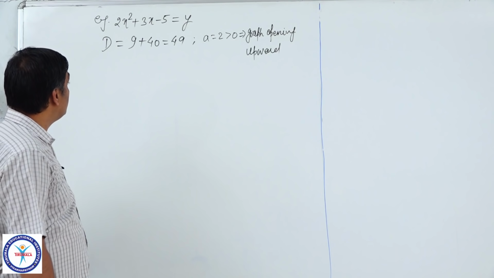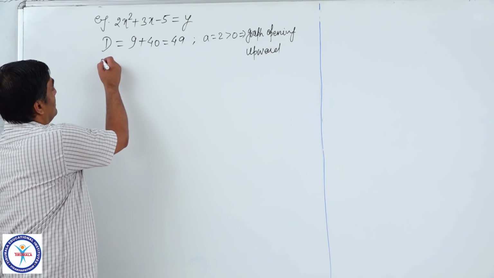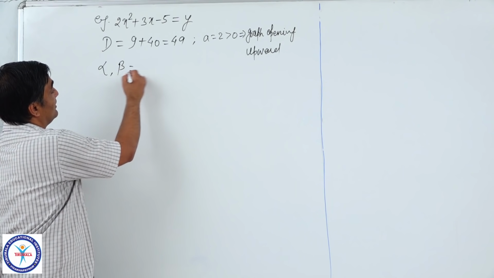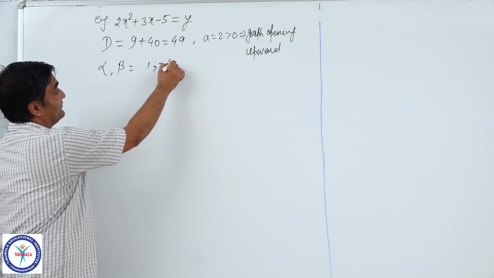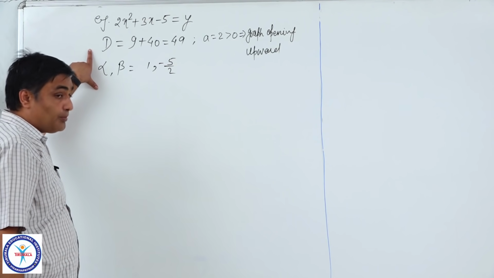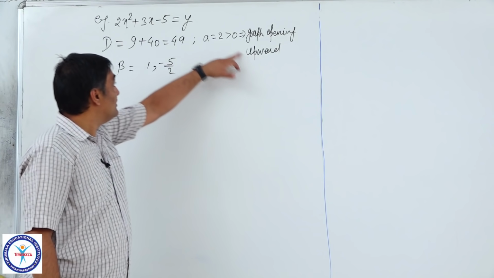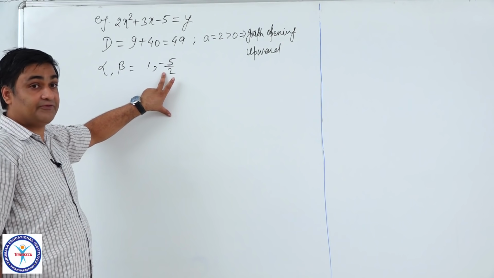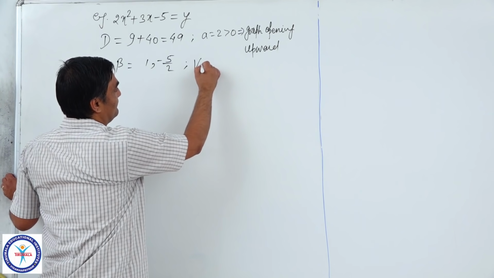Now, alpha beta are equal to 1 and minus 5 by 2. Graph is opening upward, two real roots which are 1 and minus 5 by 2. Look for the vertex.